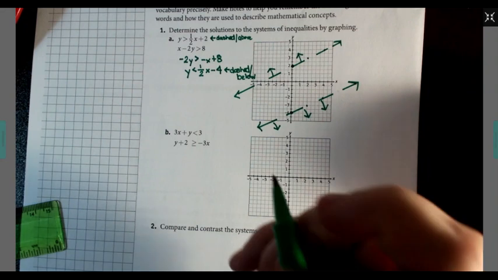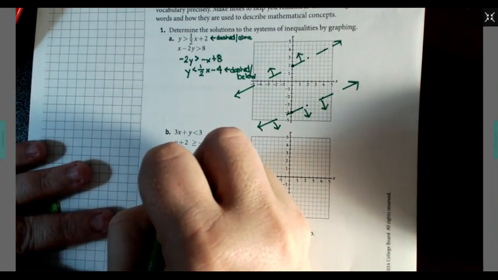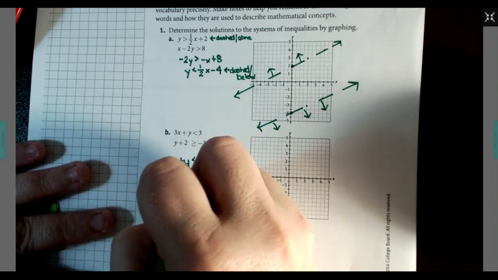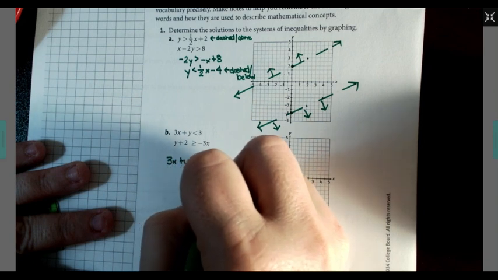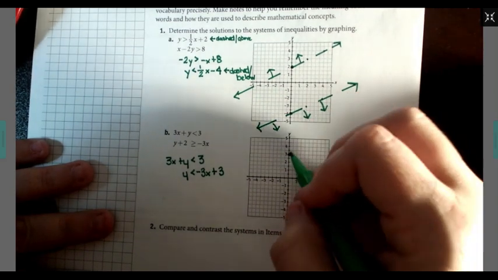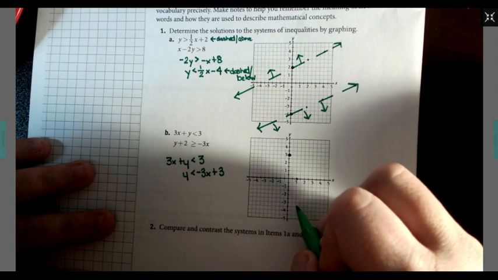Let's take a look at this next one. Gonna start out with 3x plus y is less than 3. So it's going to be y is less than negative 3x plus 3. So we're going to start out at positive 3. We're going to go down 3 over 1.